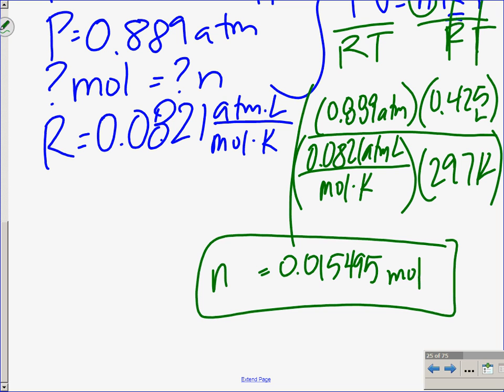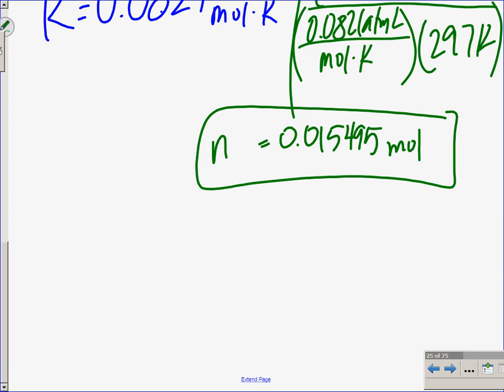I'm finishing this problem. Talk to me. Thanks for being my assistant. What is STP? Standard temperature and pressure. Standard temperature is what? 273 Kelvin. That's standard conditions.